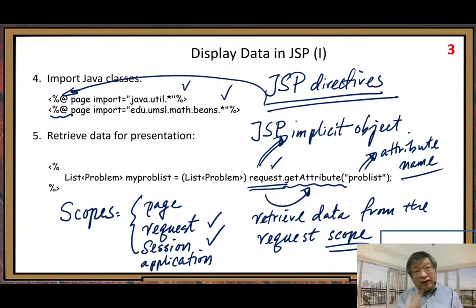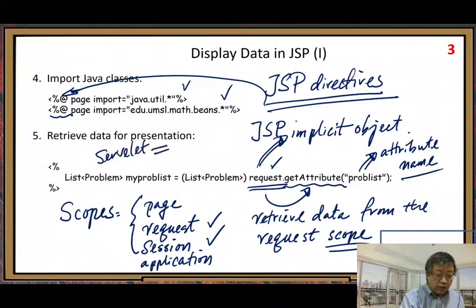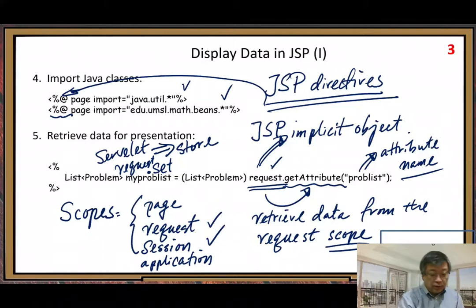When you store the data, go back to our servlet and look at how we store it: setAttribute on the request object, still request, because we want to store it in the request scope.